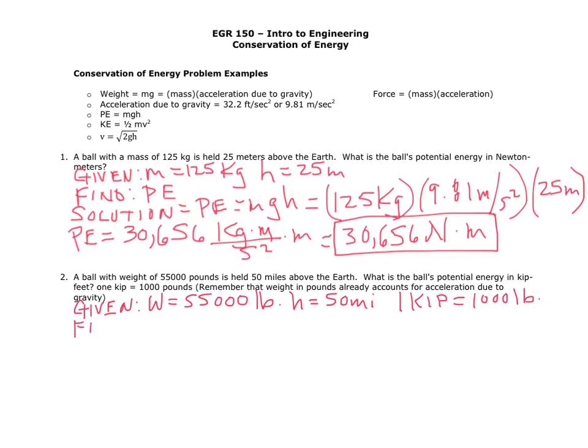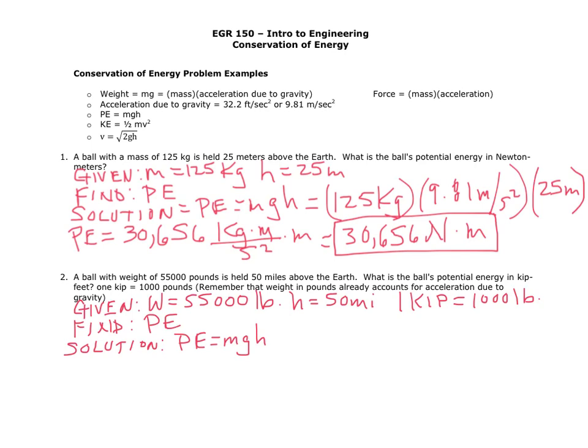And we are to find the potential energy. So our solution then is potential energy equals mass times gravity times height. But remember, the mass times gravity is weight.